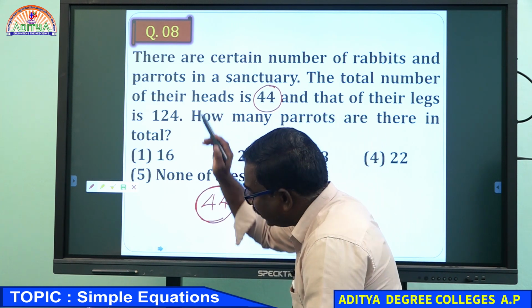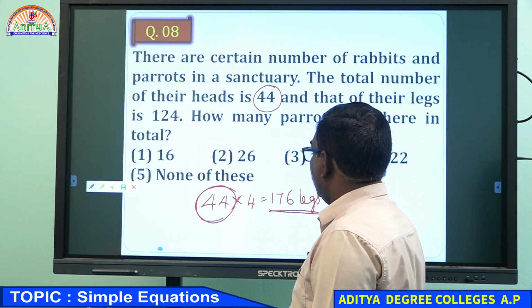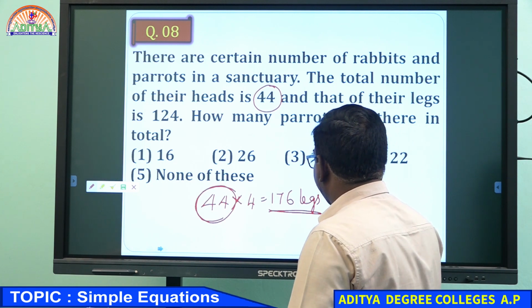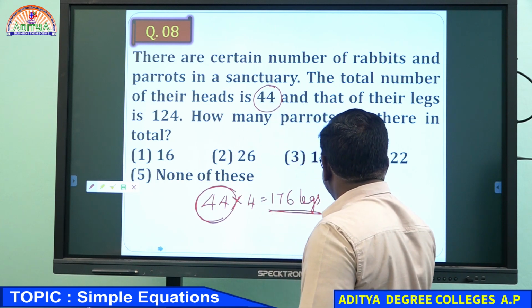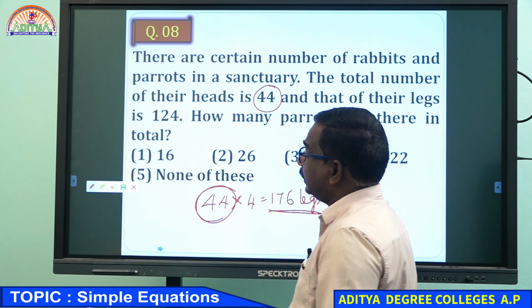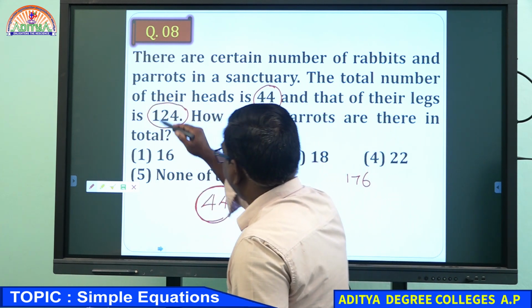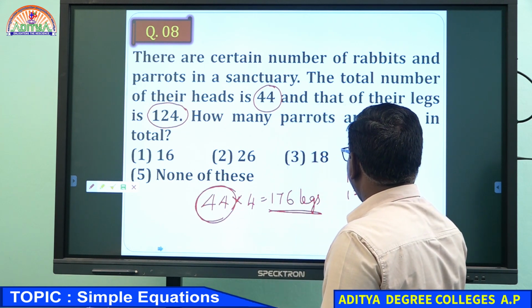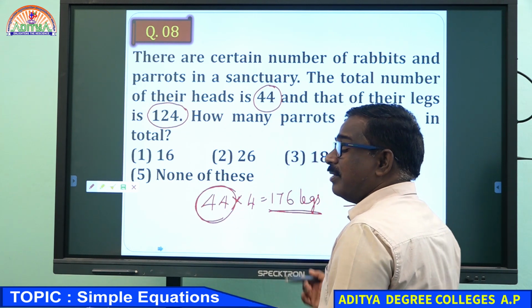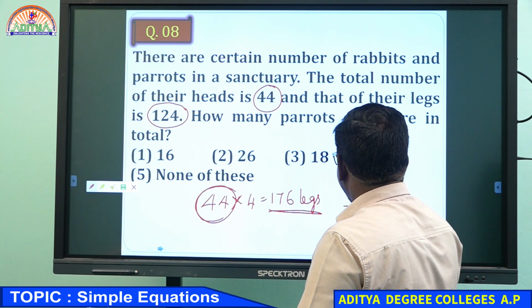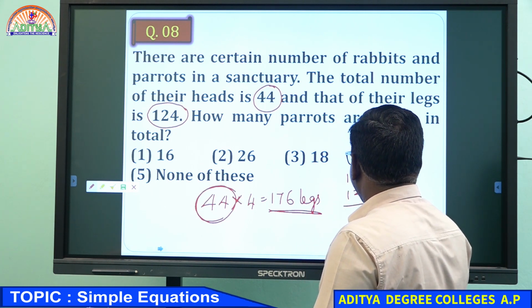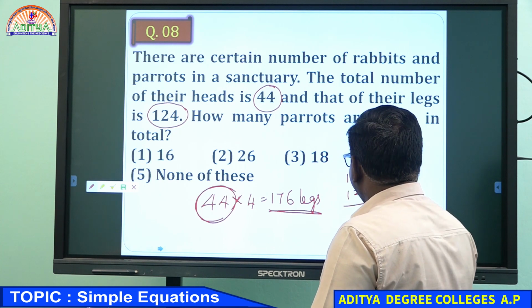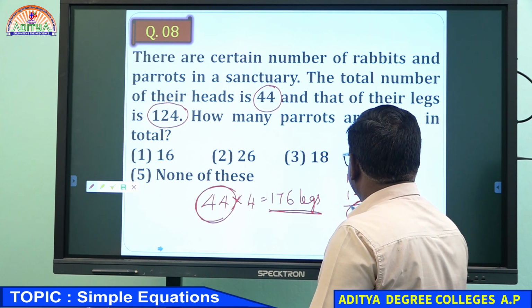But how much is given here? If 44 are rabbits, 176 legs will be there, but the given one is 124. So the given number is less, which means all are not rabbits. 176 minus 124 is 52. 52 legs less is given.